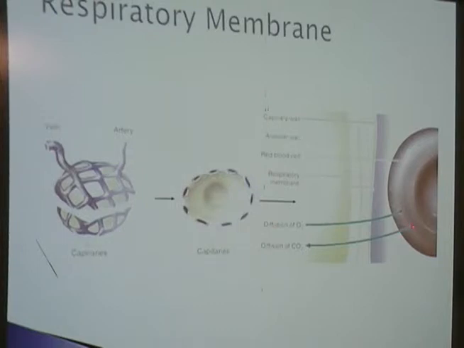It comes off the red blood cell into the lungs and we breathe it out. We love our plants. They take the carbon dioxide, they breathe it in, they breathe out oxygen, we breathe in oxygen, we breathe out carbon dioxide. Nice symbiotic relationship, and then we go and chop all the trees down. Not a good plan.